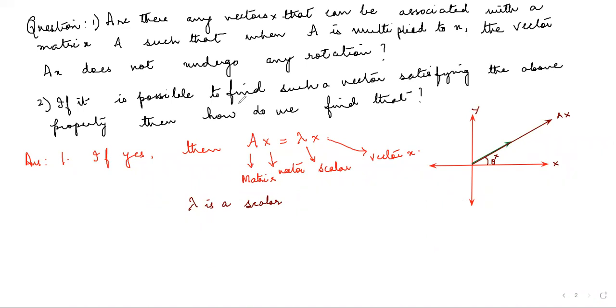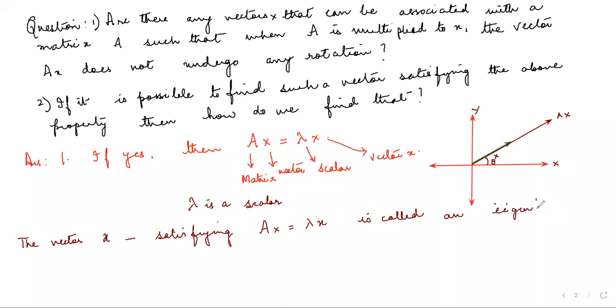The first thing is we need to find a vector. Suppose this vector is not undergoing any rotation, it has only been stretched. Such a vector x satisfying the equation is called an eigenvector.